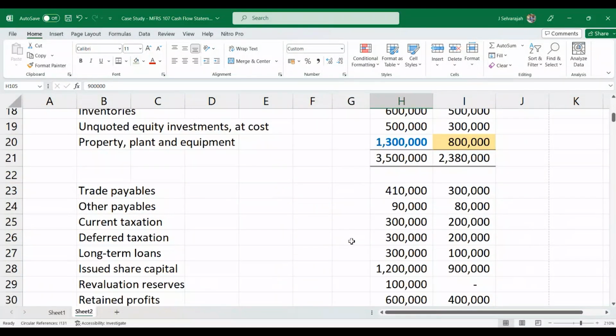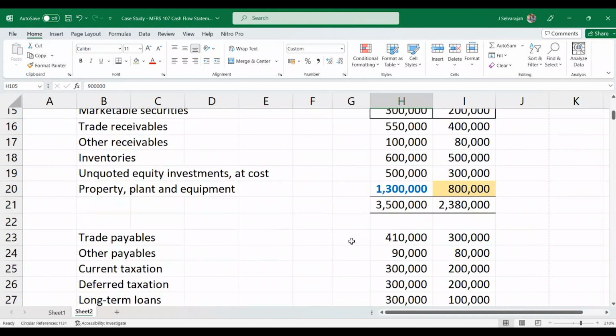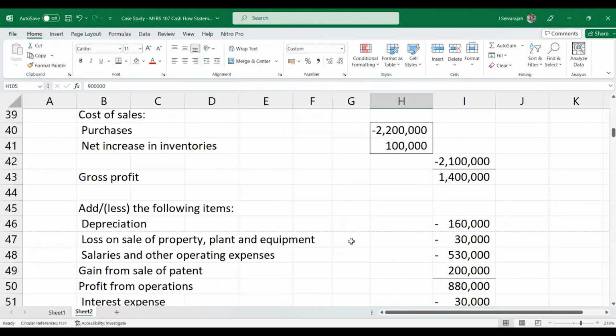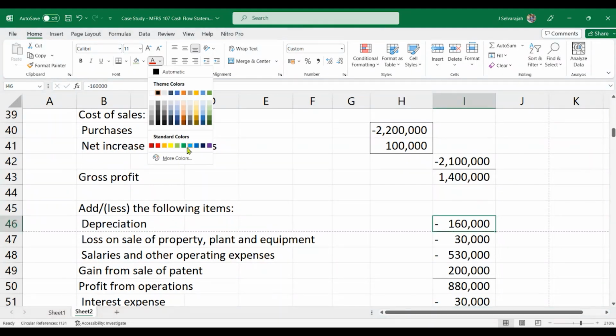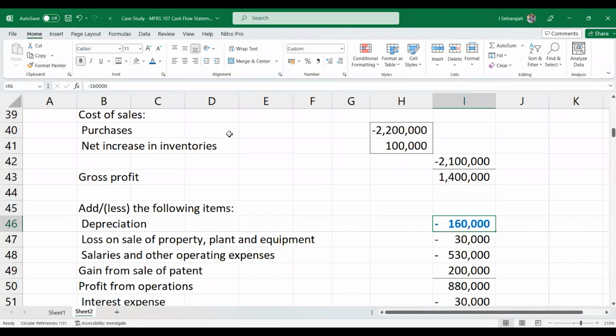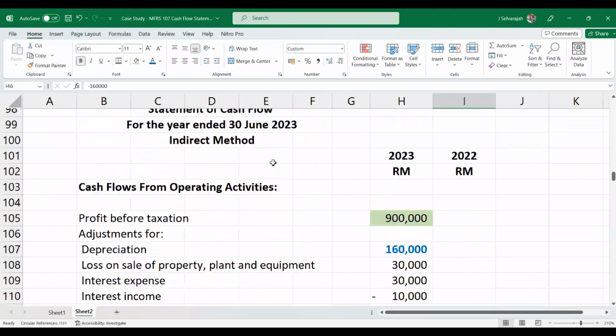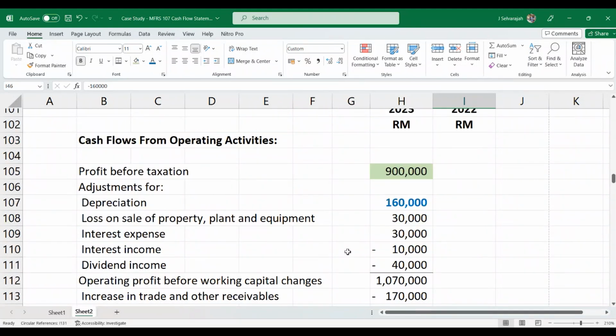I saw it and I suddenly missed it. Right, it cannot be in the balance sheet, so it's in the P&L. Yeah, 160,000. All right. So let me just also put that as an item here. So 160,000 will go into this as well.